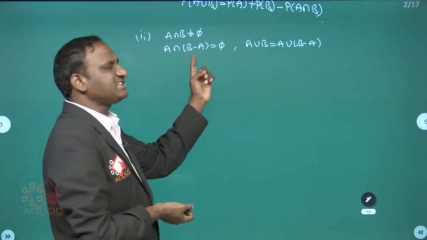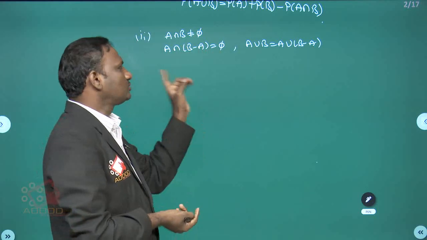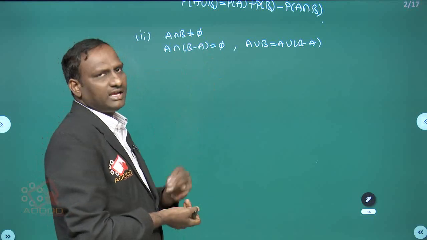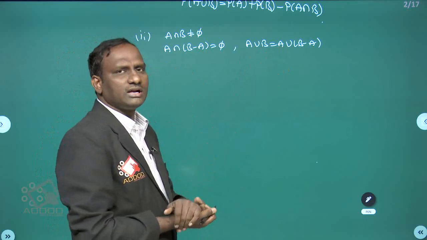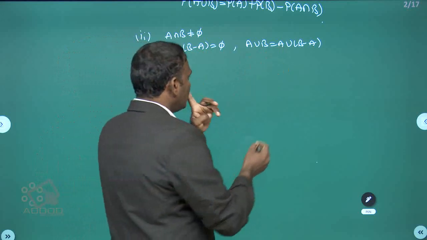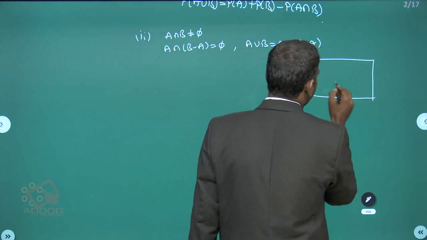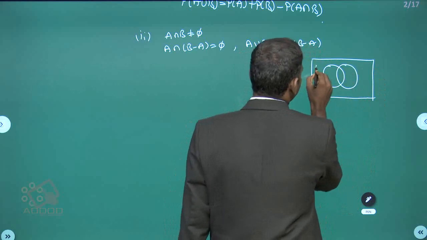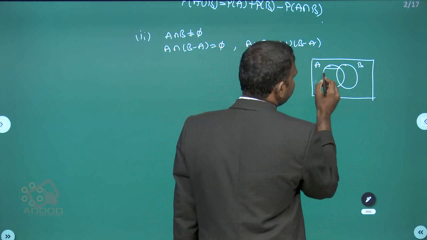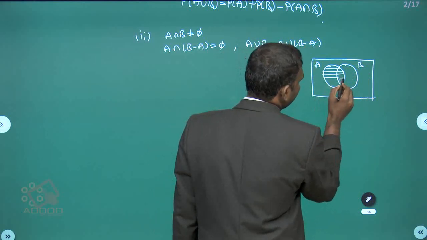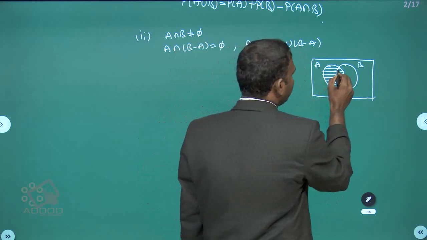So A intersection B minus A is empty, so B minus A in the sense only part B. Next, A union B is equal to A union B minus A. If you come to the figure, this part is A, this part is B. For A, I am taking horizontal lines like this. For B, I am taking vertical lines.